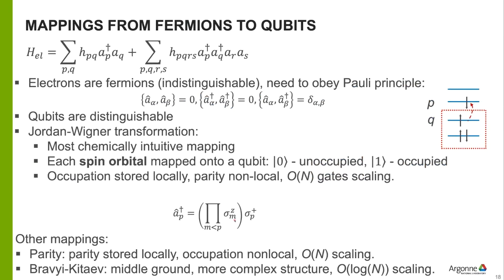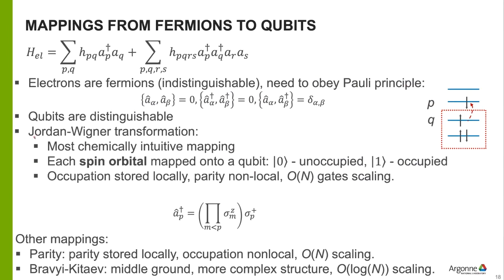So how do we map the system of fermions to qubits? As you probably know, the electrons are fermionic particles. They are indistinguishable, and they need to obey the Pauli exclusion principle, whereas qubits are distinguishable, so they have different commutation relations.